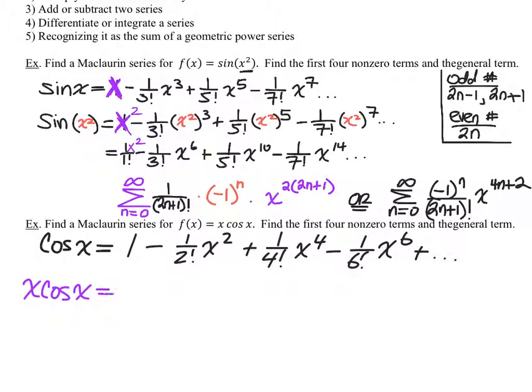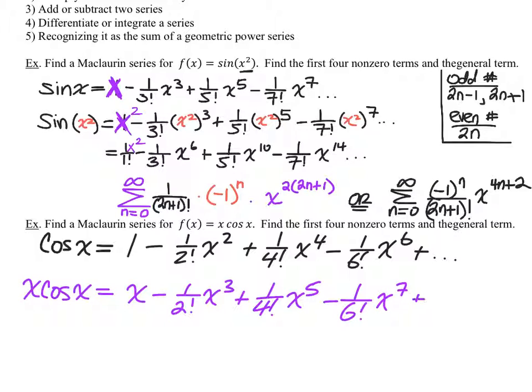You multiply one side of an equation by a value, you multiply the other side. So x minus 1 over 2 factorial x cubed plus 1 over 4 factorial x to the 5th, 6 factorial x to the 7th, and so on.